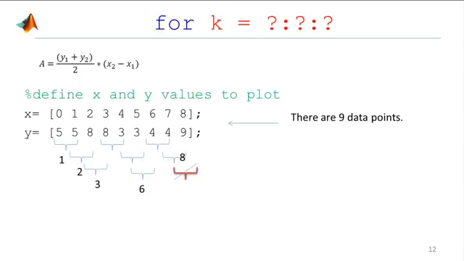We didn't do a 9th time since we would be trying to add k plus 1, and k plus 1 would make us exceed our dimension. On paper, we realize we loop 1 less than the amount of data points.